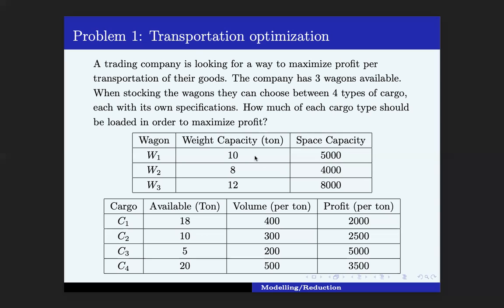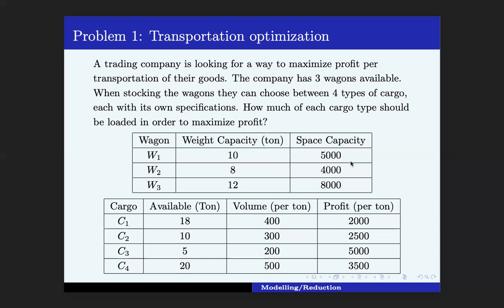Sir, for loading the wagons, are we using one among the 4 cargoes? No, each wagon can contain some tons of C1, say 2 tons of C1, 3 tons of C2, 1 ton of C3, and no tons of C4. A wagon can carry all of those kinds of small parts.